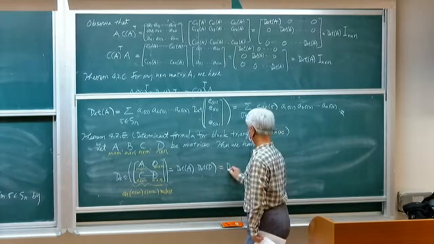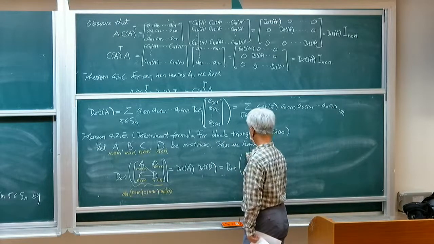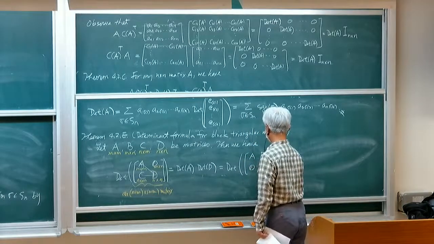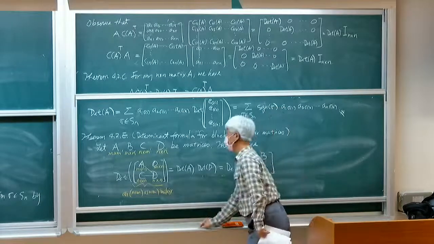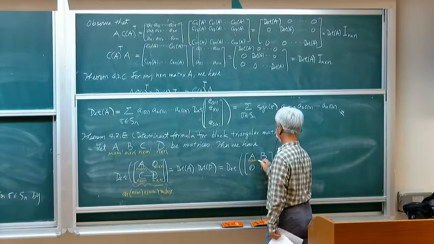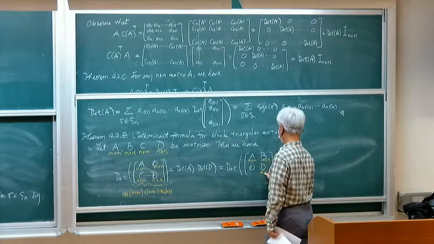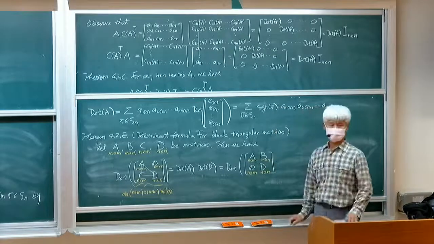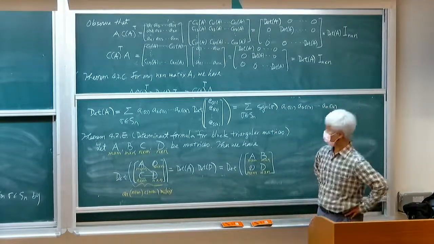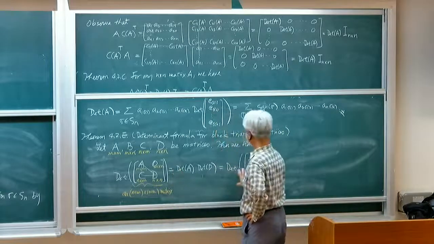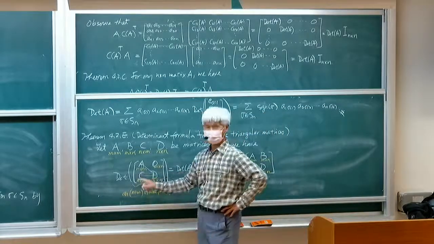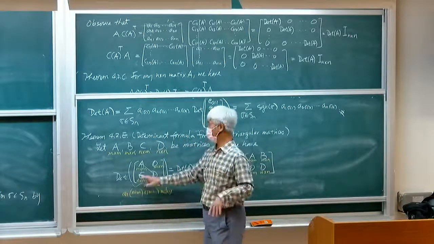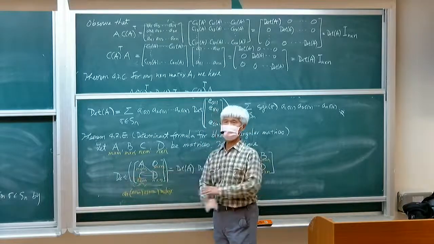And also it's equal to the determinant of the block matrix A, B, 0, D, where again A is m times m, D is n times n, and the zero block is n times m. So from here you can see that if you change the C matrix arbitrarily, any entries in C, it will not affect the determinant value.